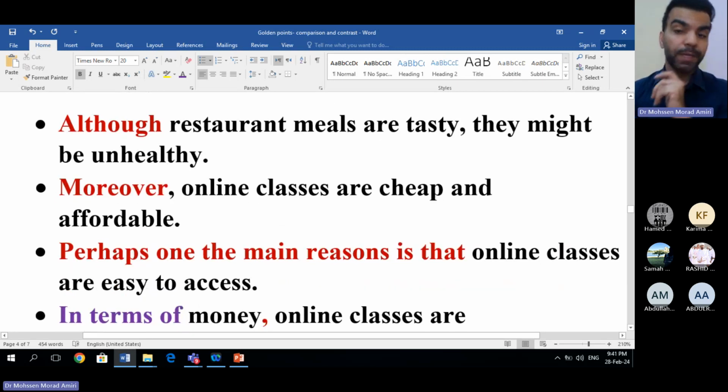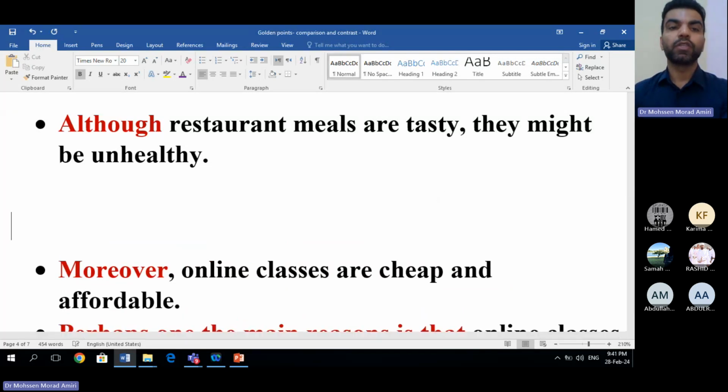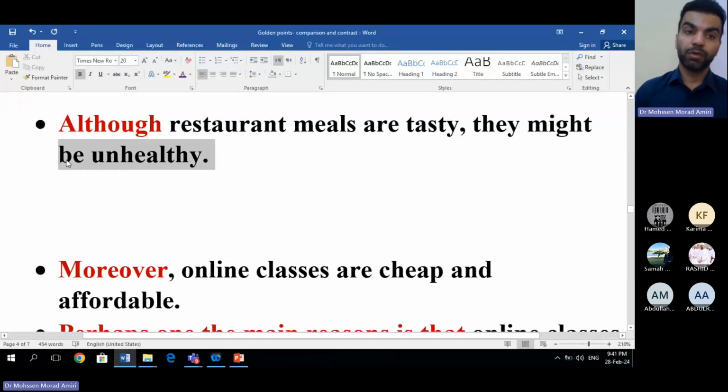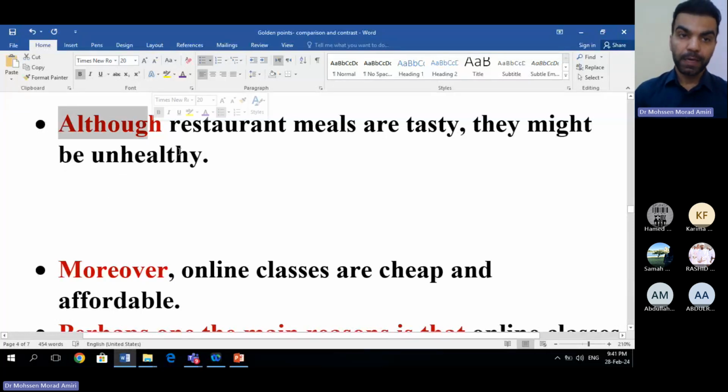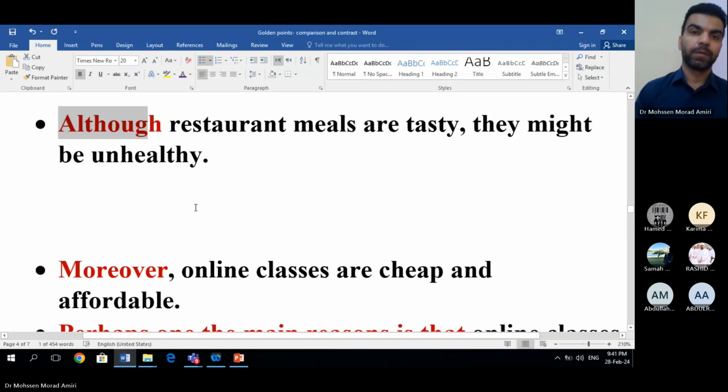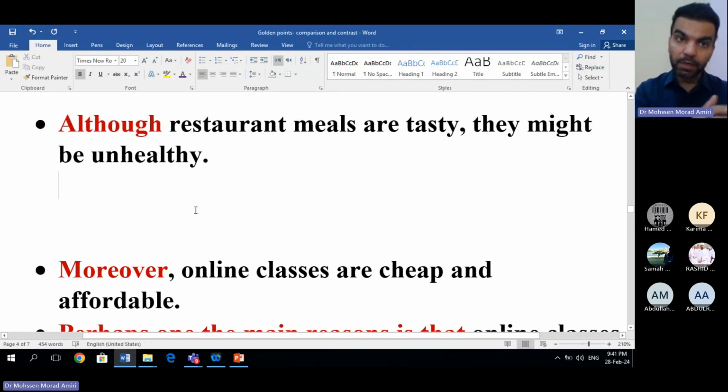Okay, another jumla that you can learn for comparison contrast language is although. Although restaurant meals are tasty, they might be unhealthy. Sure. When you know the kalima of although, you can make sentences for comparison and contrast.